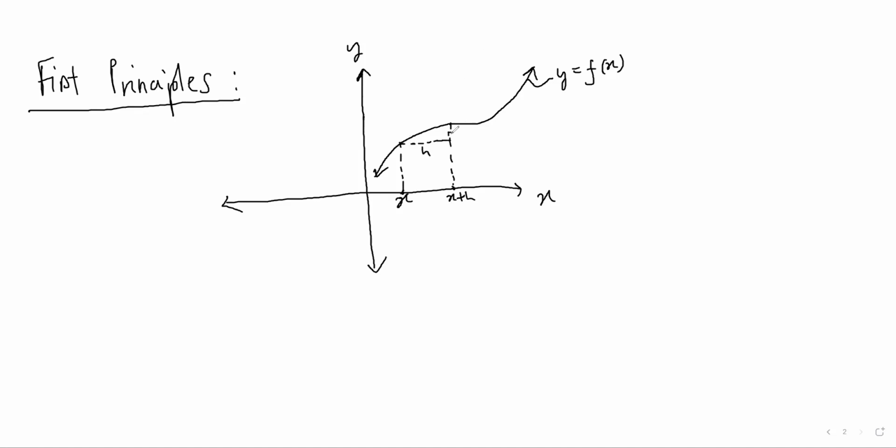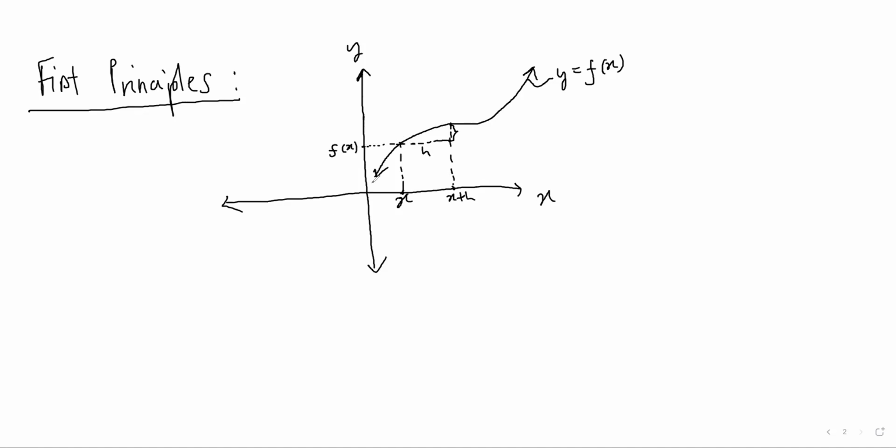Now, again, the length of this line here, the vertical one, is the distance between f of x plus h and f of x. And f of x, you can indicate along the y-axis, because that's where it is.